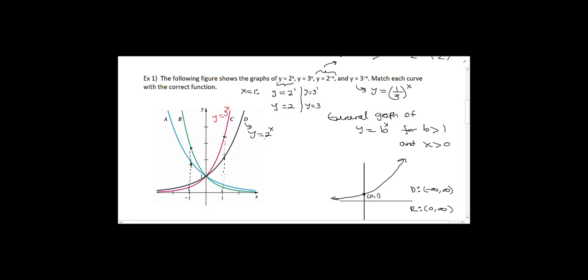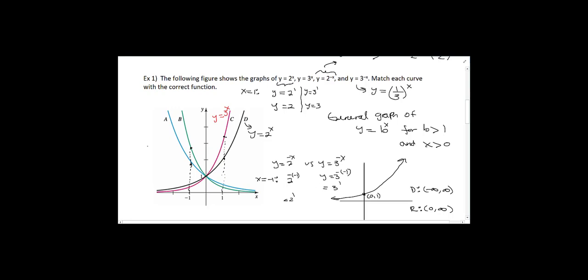So if I'm looking at y equals 2 to the negative x versus y equals 3 to the negative x, when x is -1, you're going to have 2 to the -1, which is 2 to the +1. And same thing here, 3 to the -1, which is 3 to the +1.